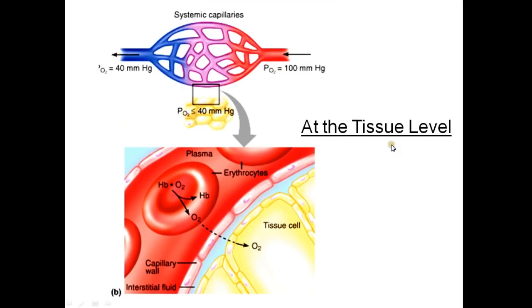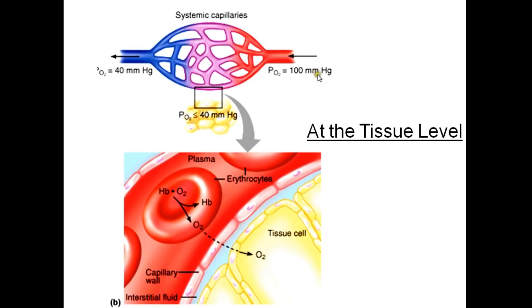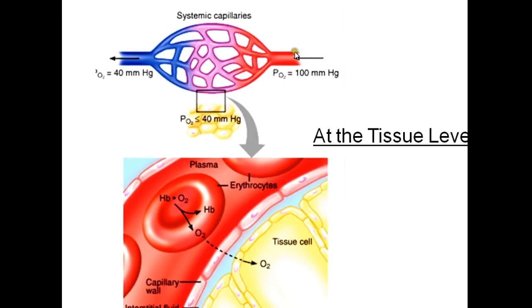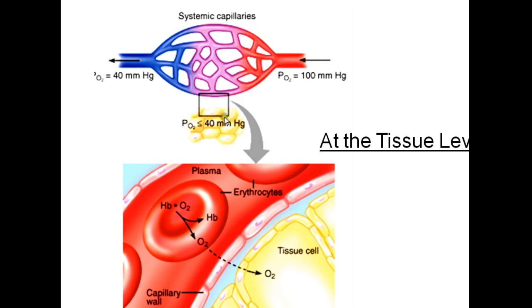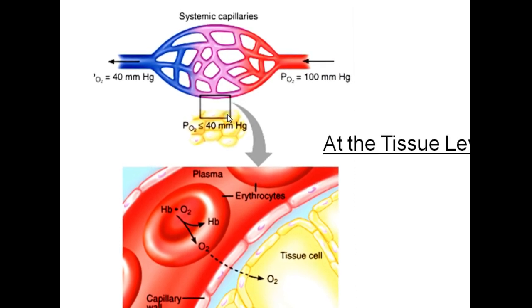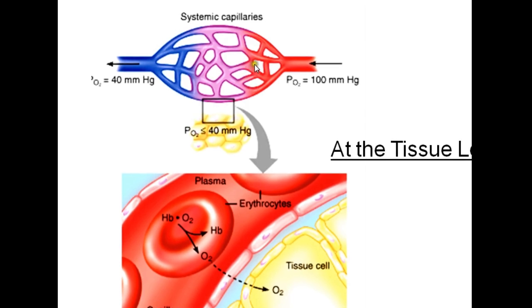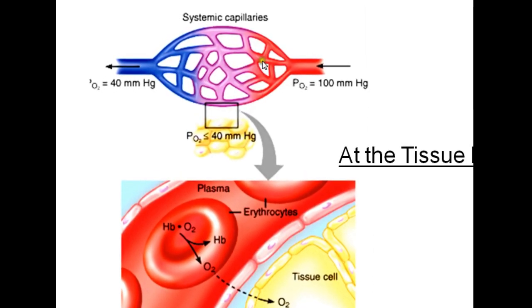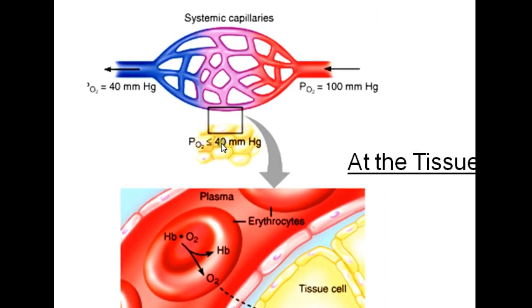Now what happens at the tissue level? The blood that is coming to the cells or the tissues has a partial pressure of oxygen of 100 mmHg, and the cells have a partial pressure of oxygen of 40. So definitely here the gradient favors diffusion from the capillary blood into the cells.